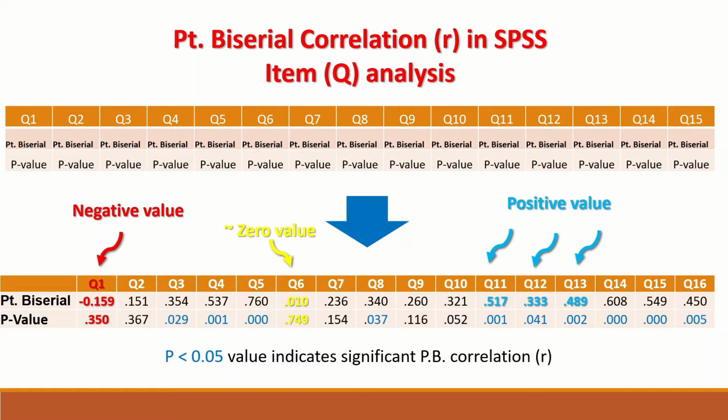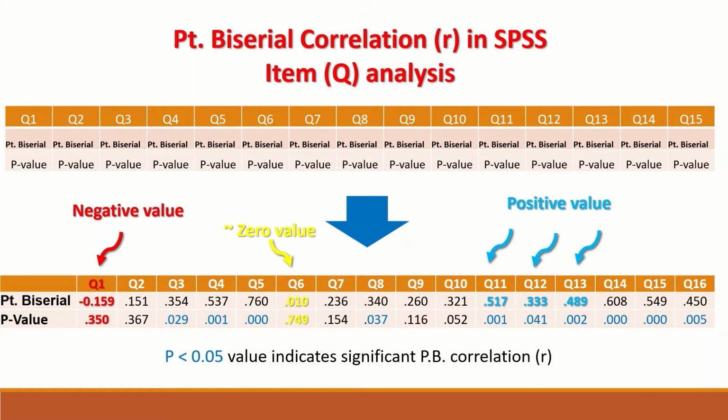Number 10 is a good question, and 11, 12, 13 I have described. Number 14 is a very good question. Number 15 is a very good question, and for number 16 I have the data, but it wasn't included in the tables. Number 16 here is a very good question as the p-value is less than 0.05.